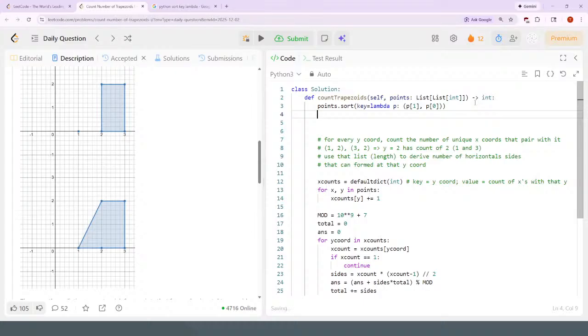So sorting based on the y coordinate, then at that point I don't need to use the prediction. I can use a while loop. While n is the length of points.